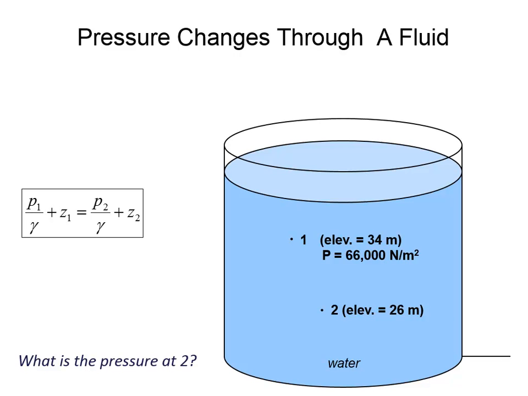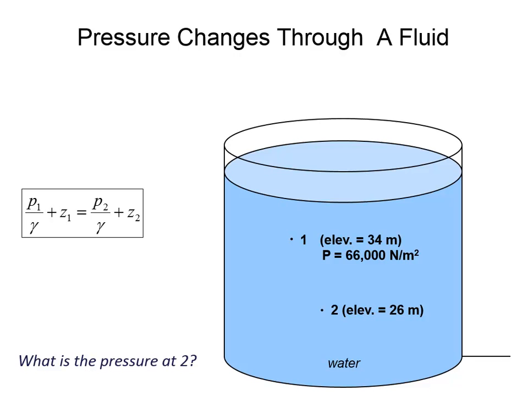So the delta P, anybody with a calculator do that calculation real quick? 78,480 newtons per meter squared. And so the way that we find P2 is we'd say P2 is P1 plus delta P. We know just by looking at it that the pressure at 2 is going to be bigger because it's down deeper in the fluid.